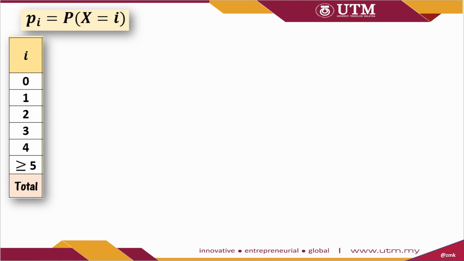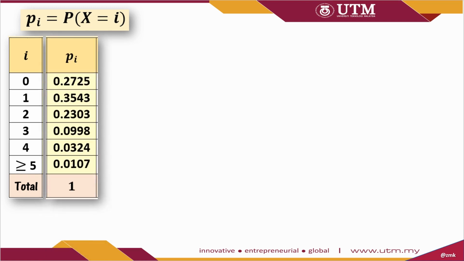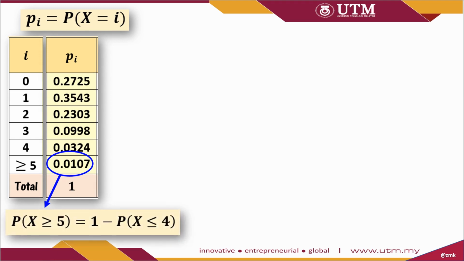You may calculate and check the values of Pi that should be as follows. For the last Pi value, this is the probability that X is at least 5, which is 1 minus the probability of X being at most 4, or simply 1 minus the sum of the earlier probability values. You must make sure that the sum of all these probabilities Pi equals 1.